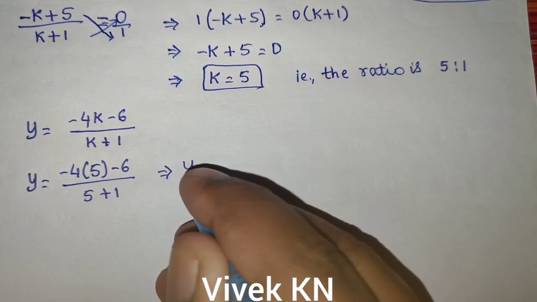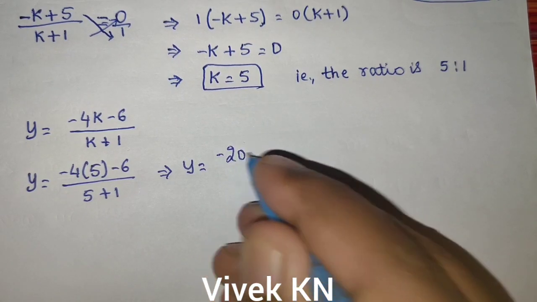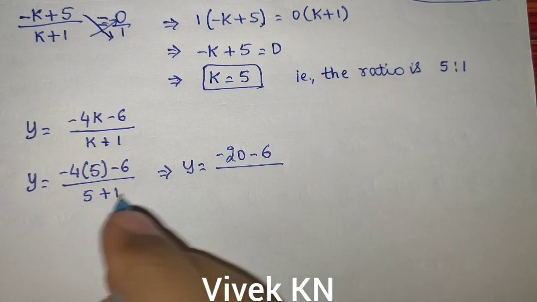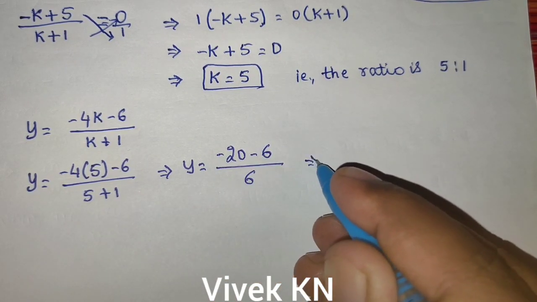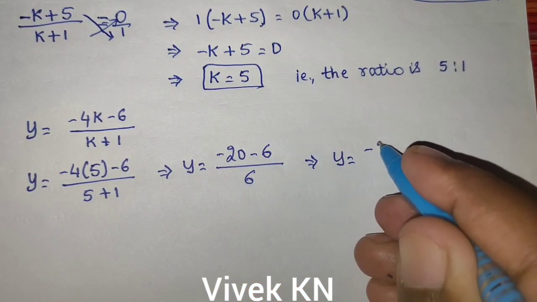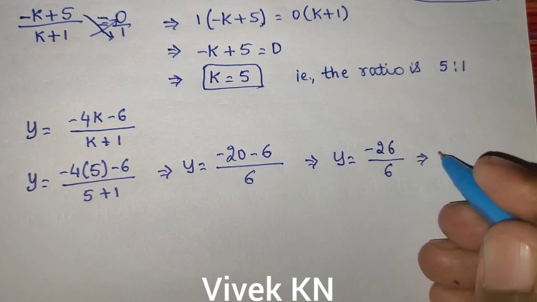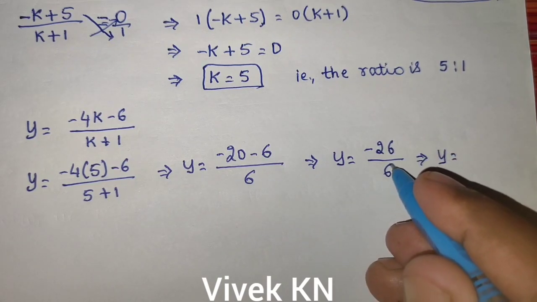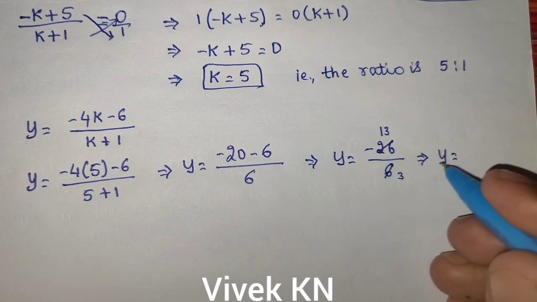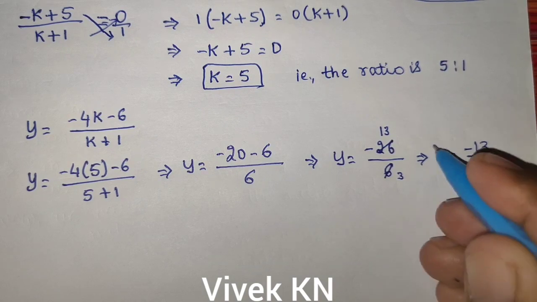That is, y is equal to (-20 - 6) divided by 6, which is -26 divided by 6. When we simplify, we get 2 threes are 6, 2 thirteens are 26. That is, the value of y is -13 divided by 3.